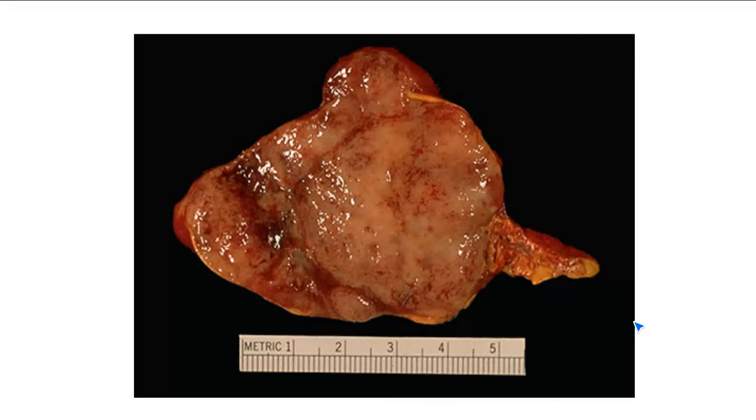Fantastic. So they have these mucocutaneous neuromas, they have a marfanoid habitus. We know they have the pheochromocytomas because you told me that already. What else do they have? Do they have anything else in common with MEN2A? The medullary thyroid cancer. Fantastic.